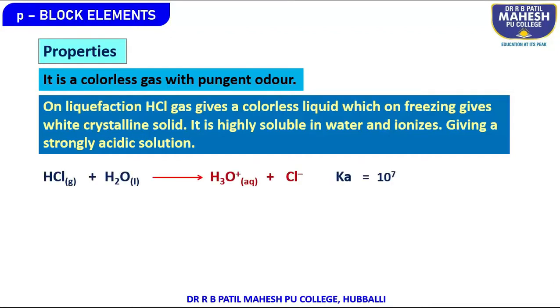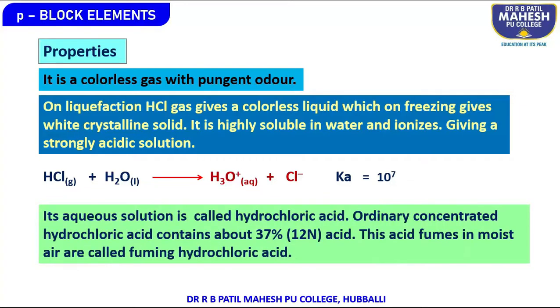So hydrochloric acid plus water gives hydronium ion and chloride ion. And in this case, the dissociation constant value Ka is equal to 10 to the power 7, that is so high that it indicates it is a strong acid. Its aqueous solution is called hydrochloric acid, that we already told.